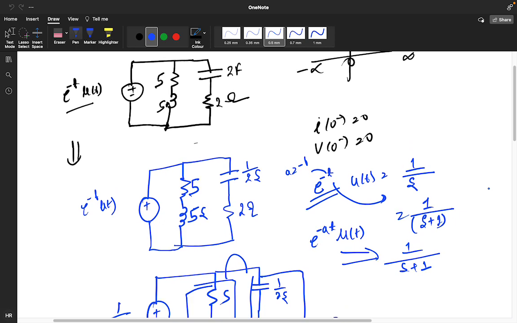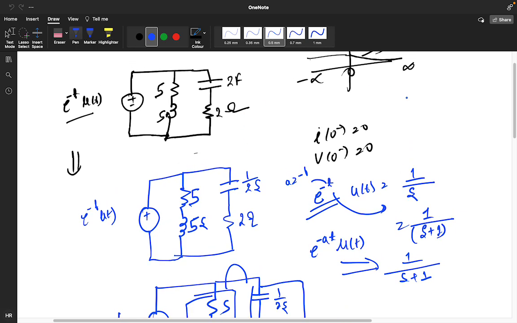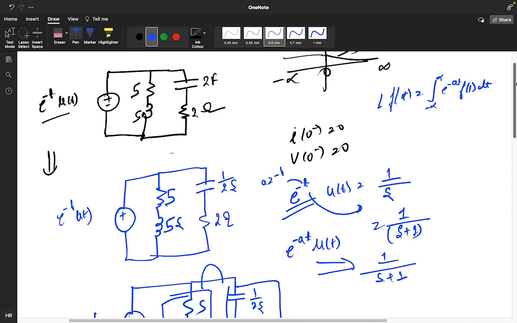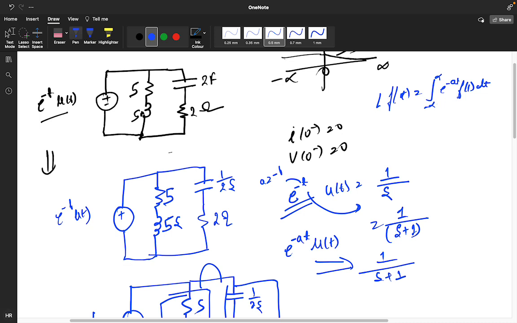I will discuss it properly later. If you want to find the Laplace transform of f of t, we use one formula, the integral from minus infinity to infinity of e power minus at f of t into dt. I will tell you this formula when the time comes, because we are learning network here. Laplace is a very detailed chapter, so I will tell you in maths.